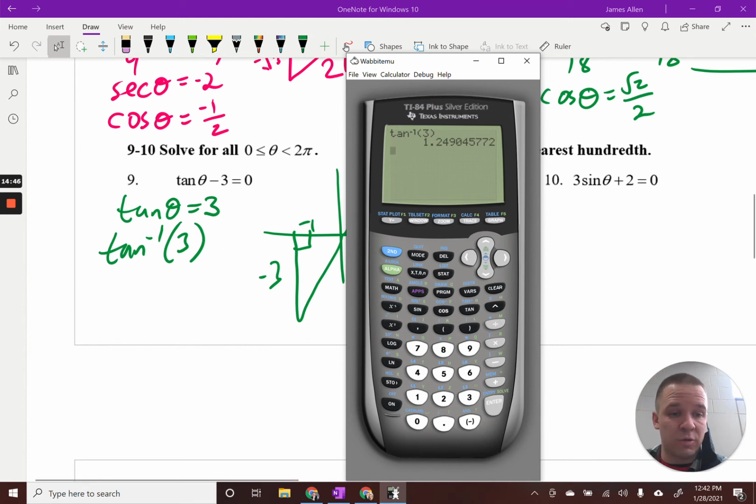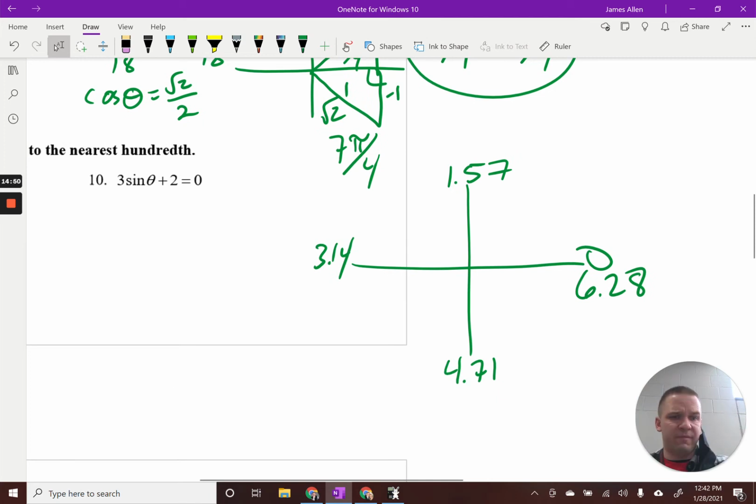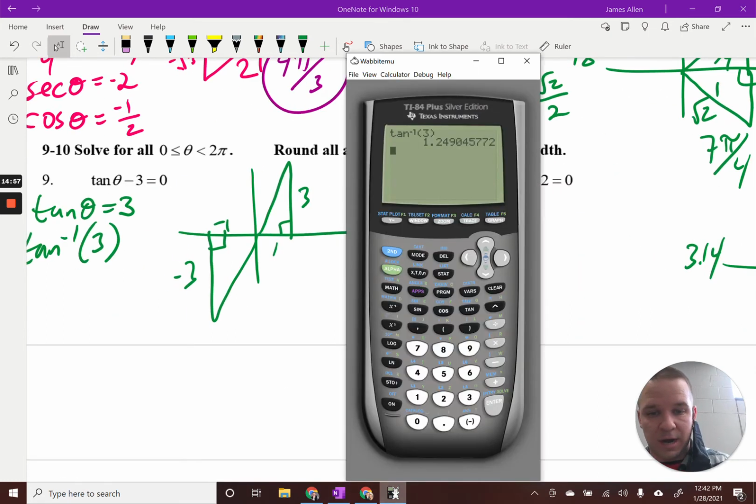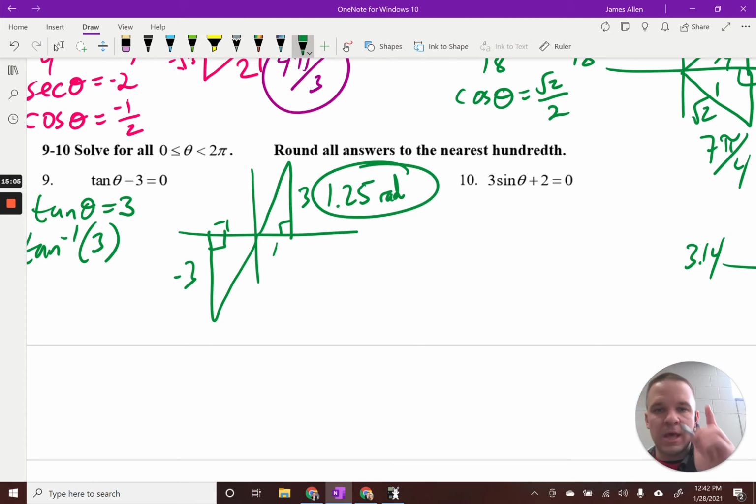That is in my first quadrant, right? If I look at my decimal equivalent, 1.57. So all of them are kind of important, not just the 0 and the 3.14, but I know I'm in my first quadrant. So that is my answer for the first one, 1.25 radians.